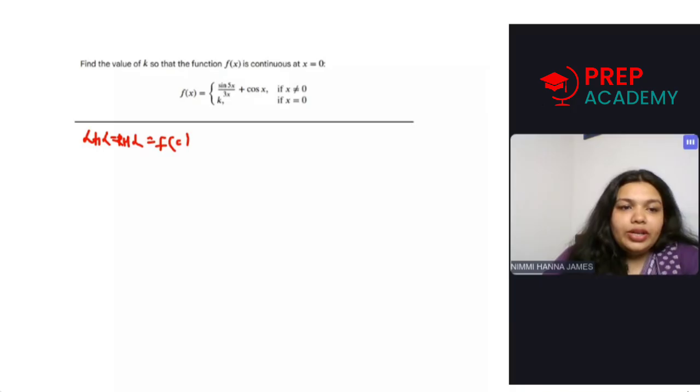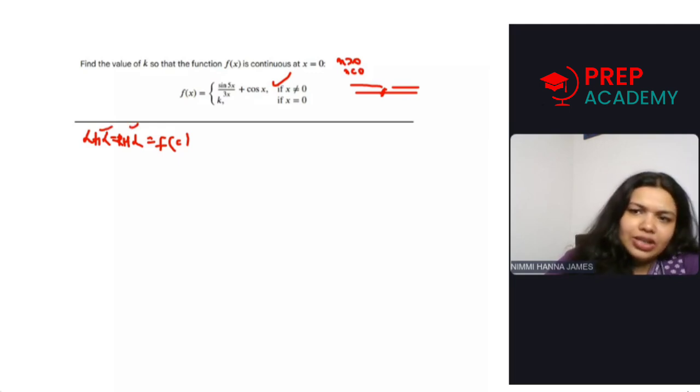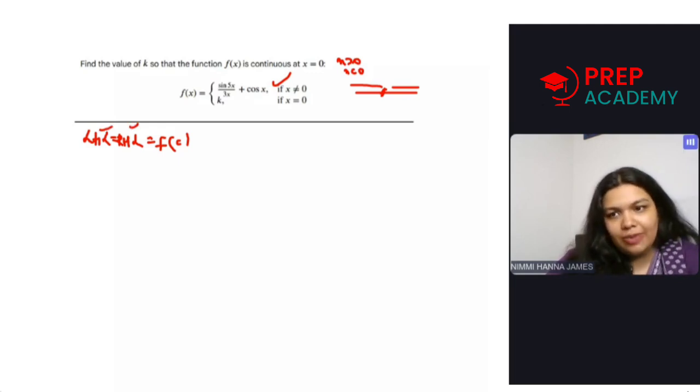Okay, so here since x is not equal to 0, for x equal to 0 we have some other function value, and for all points to the left and right, x not equal to 0 means x greater than 0 and x less than 0. So for both x greater than and less than 0, the function has the same value. So obviously the LHL and RHL will be equal, because to the left and right the function has the same value.